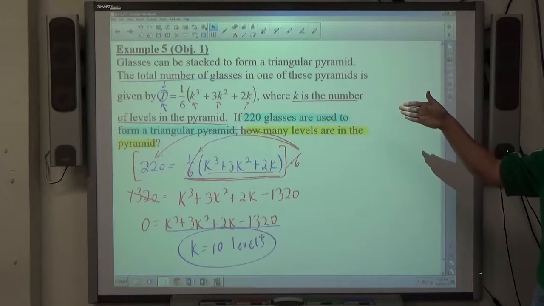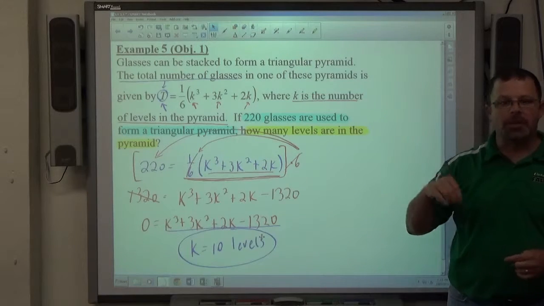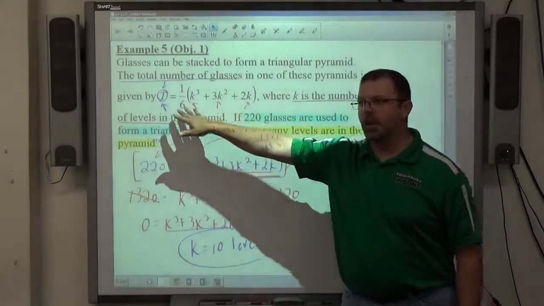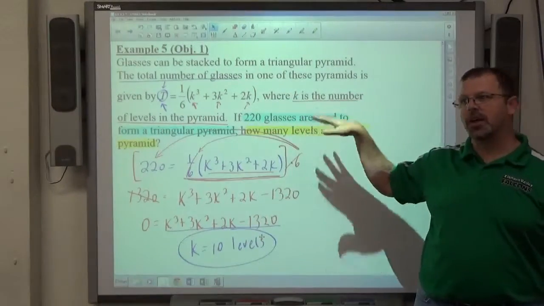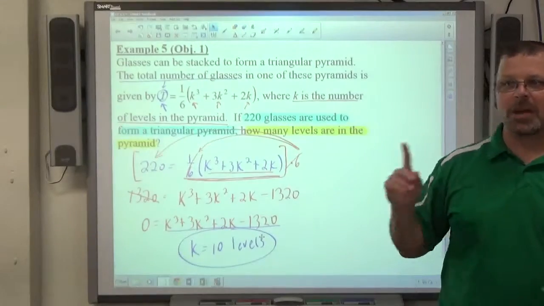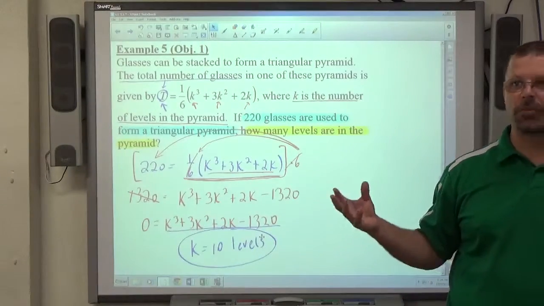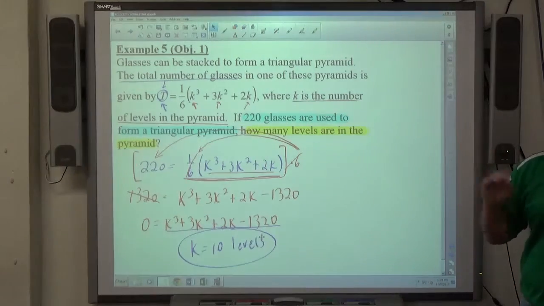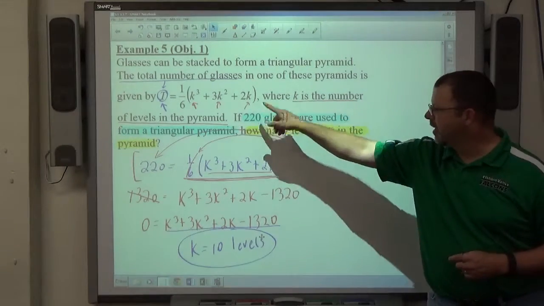This one involves glasses stacked into a pyramid. The problem on the test that involves this skill is going to be one of those where here's an equation, here's what the variables represent, here's what one variable equals, find the other variable. So it might be about pyramids, it might be about cards, it might be about something else, but it'll be that family of problems where they give you the information, they tell you what all the variables represent, and they give you one answer and ask for the other.